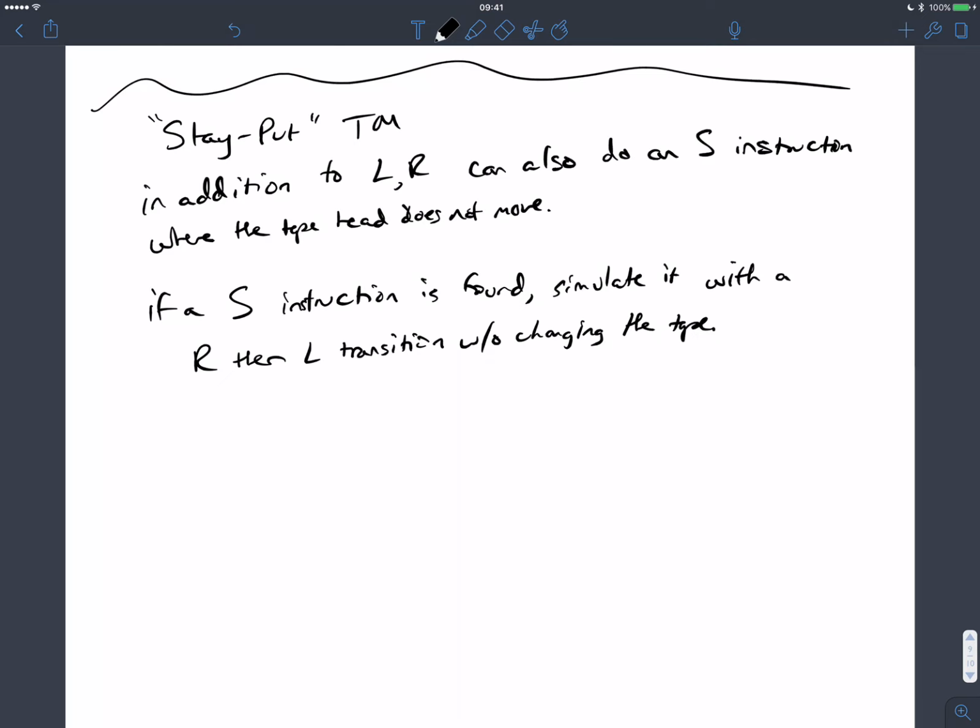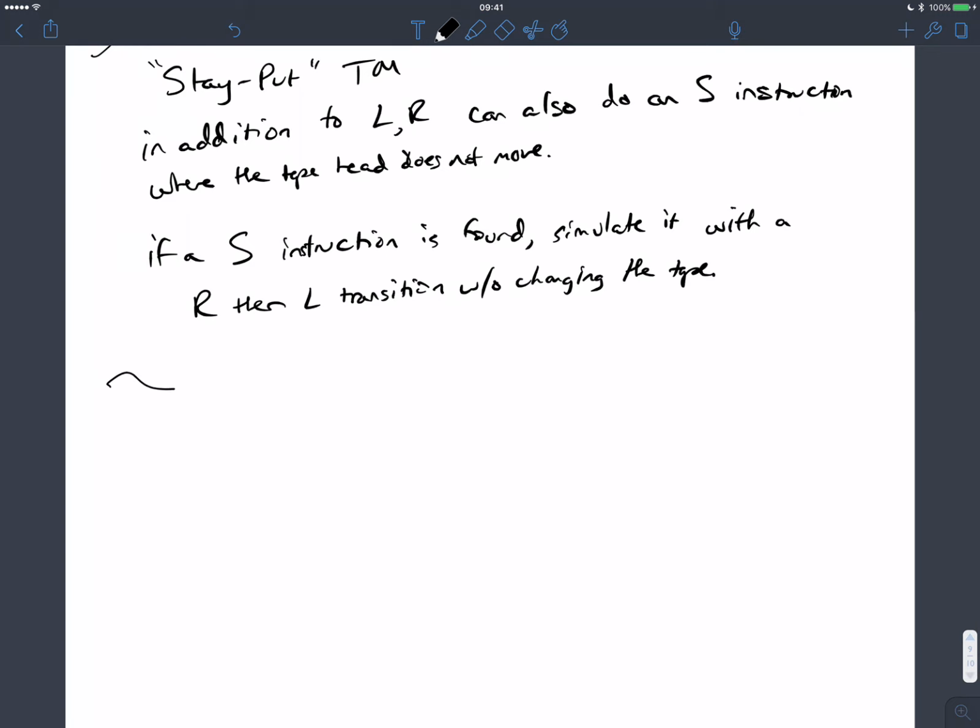But if it was a stay put instruction, I'm going to simulate it with a right then left transition. Okay? Any questions about that? I can do one more or let you guys go early. You want one more? Okay. So let's do one more quickly.